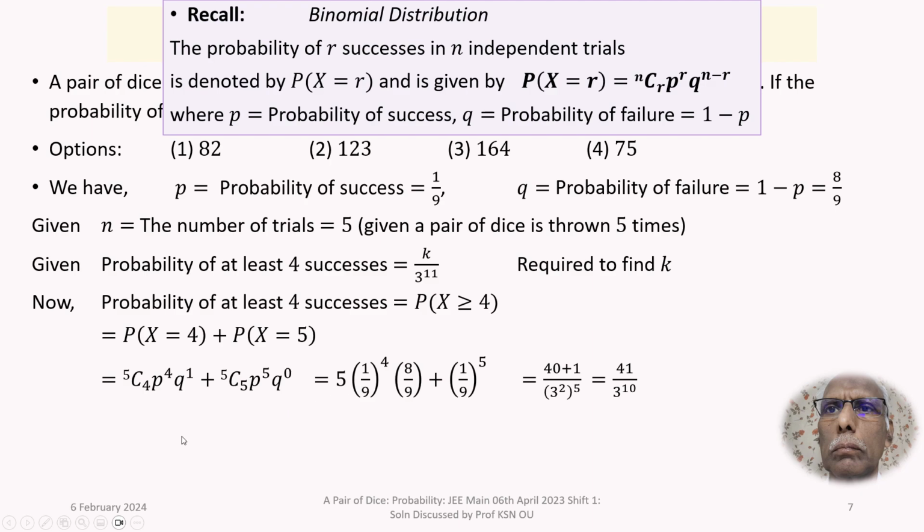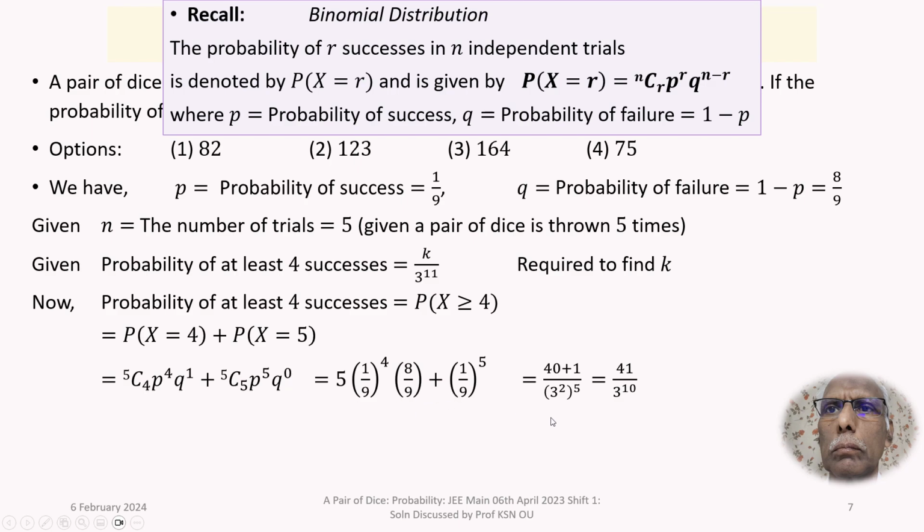Agreed. And that is equal to, substituting the values, 5C4 is 5C1, that is 5, into p power 4, that is 1 by 9 to the power of 4, q power 1, that is 8 by 9, plus 5C5 is 1, p power 5 is 1 by 9 to the power of 5, q power 0, that is 1.